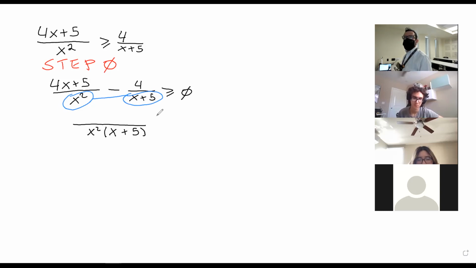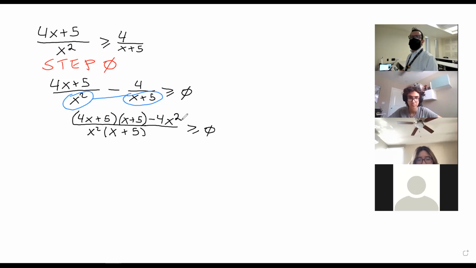And I'm going to do it here, Andres, and you just verify that I don't make a mistake, because I might make an algebraic mistake. So if we're doing the common denominator, then 4x plus 5 is going to multiply x plus 5. And the minus 4 is going to multiply x squared. Okay, that's what we should get, right?